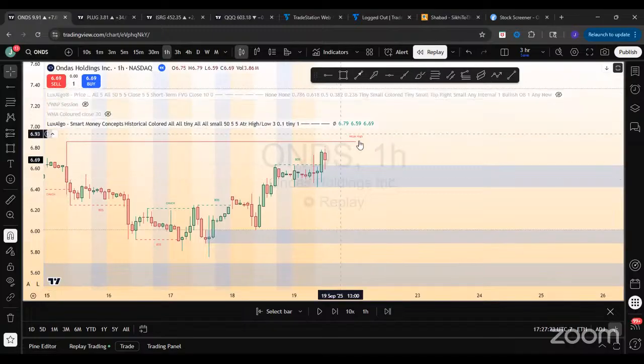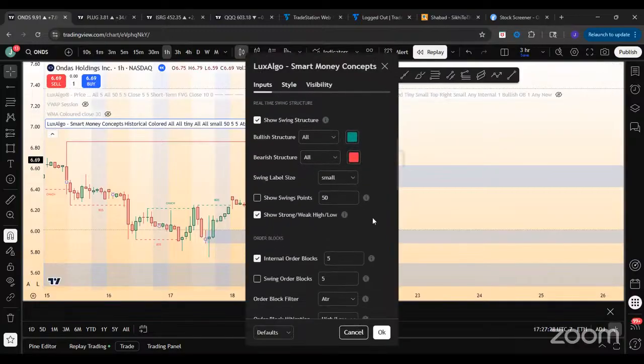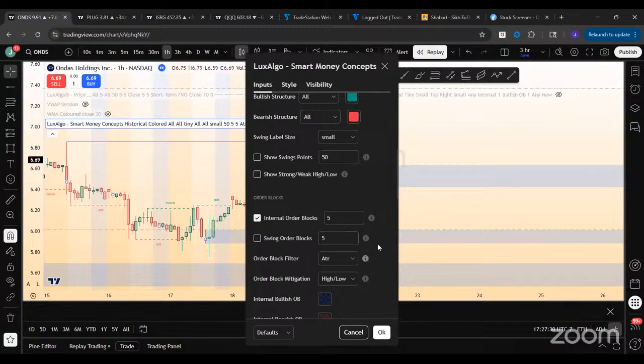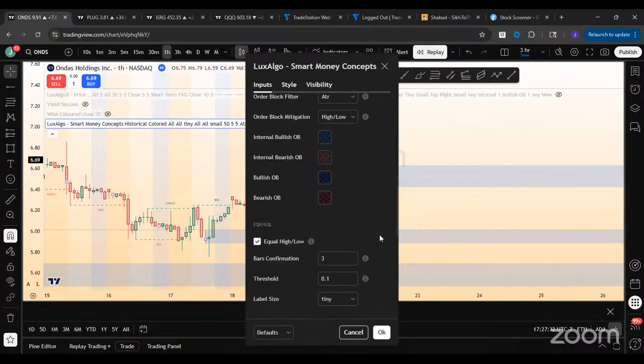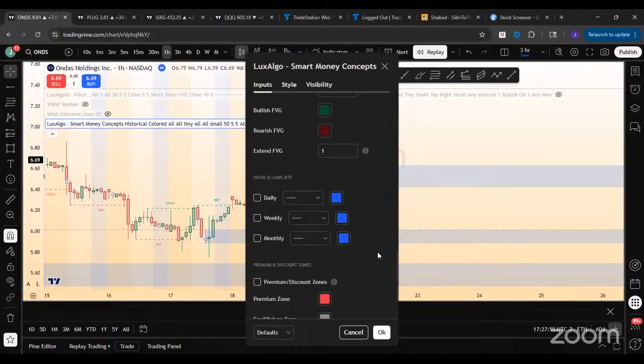There are some settings that I don't like, like that weak high. I don't really like to see that. In this setting, there's one other thing, and that is called the fair value gap. If you know what a fair value gap is, we can cover this in another session also. But this indicator is such a nice indicator. It gives you order blocks and fair value gaps.